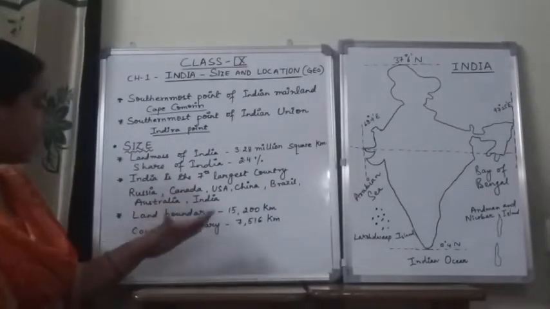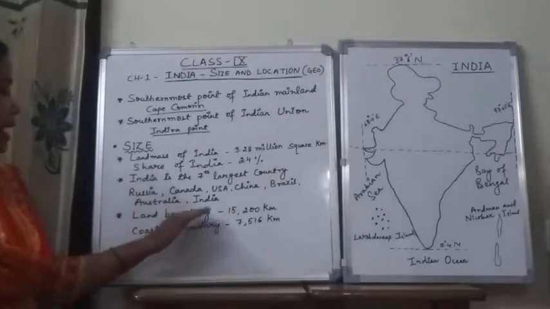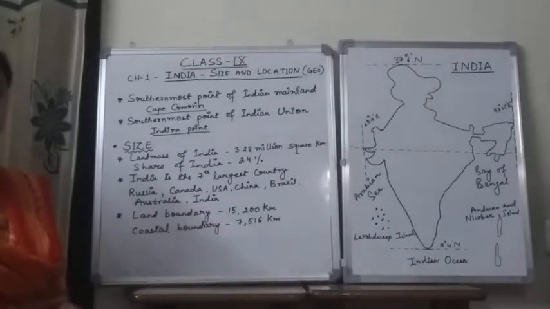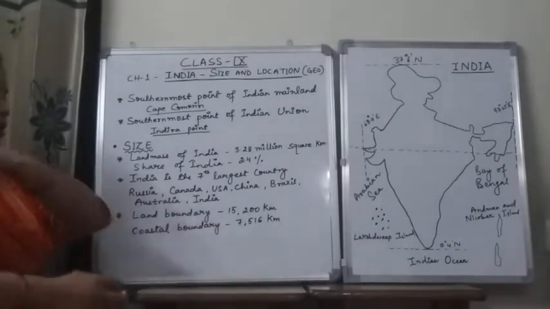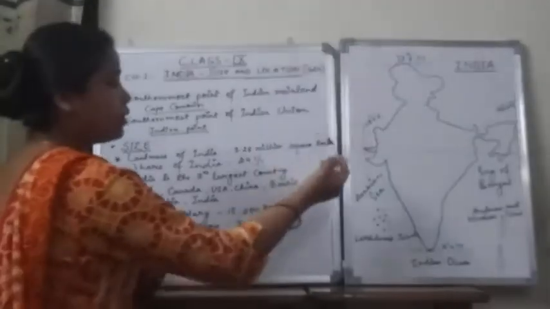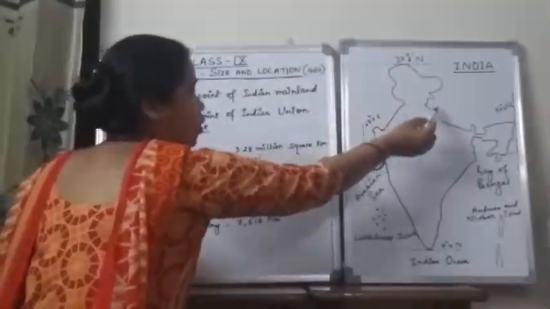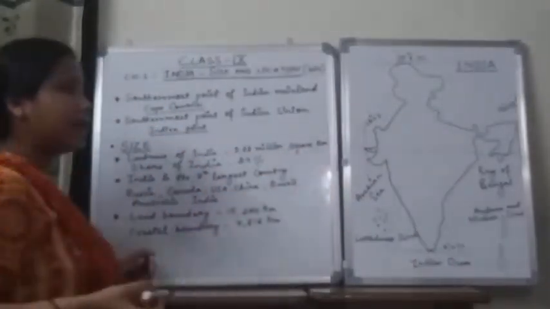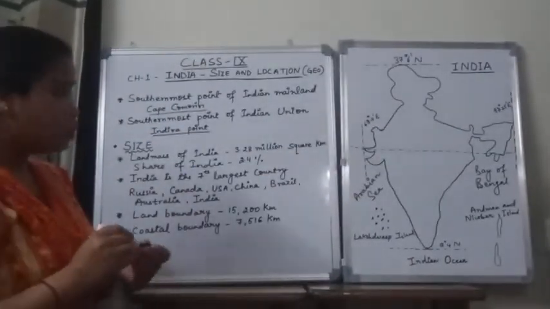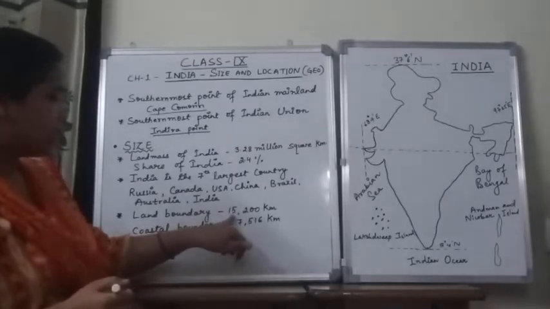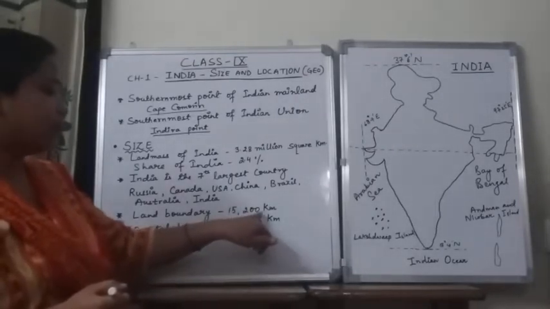Next, if we talk about the land boundary of our country: what is the land boundary? It is this whole portion which is covered by land. This portion covers 15,200 kilometers.